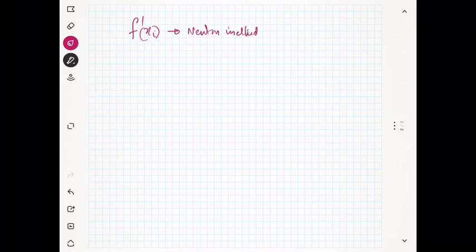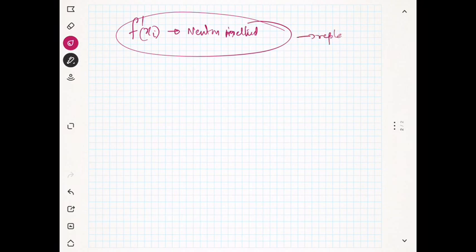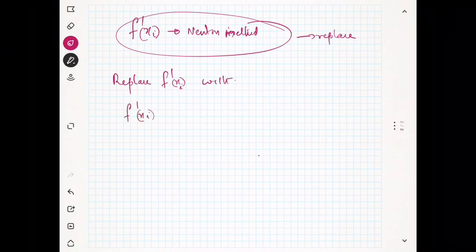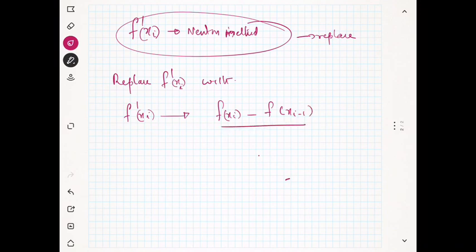So we replace f dash of x_i with f of x_i minus f of x_{i-1}, divided by x_i minus x_{i-1}.